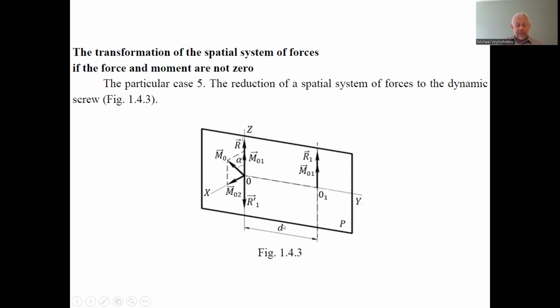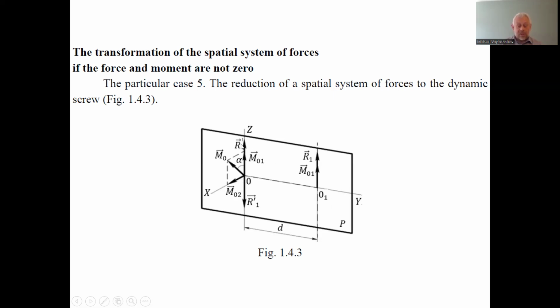The distance d between the points 0 and 01 is the result of dividing the projection of the main moment onto the x-axis by the magnitude of the force R. Then we have to find the arm 001.